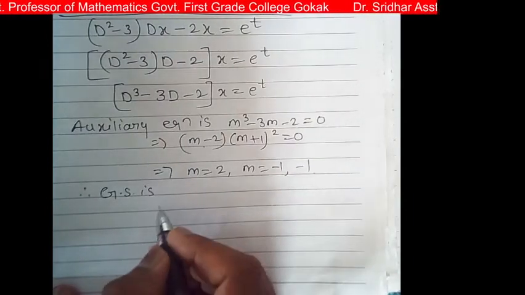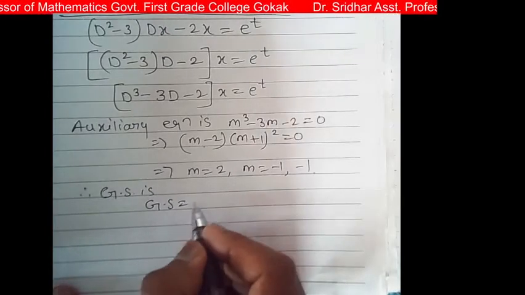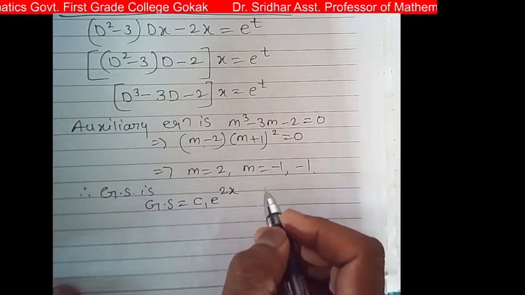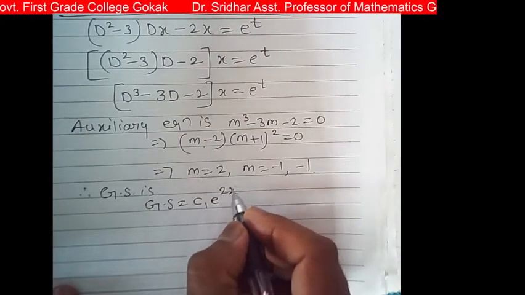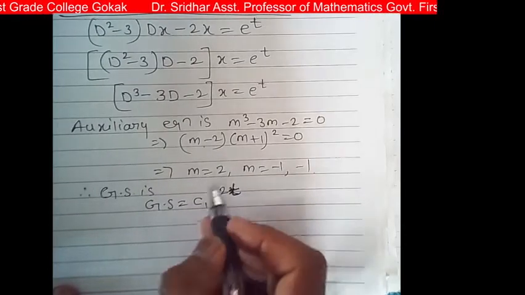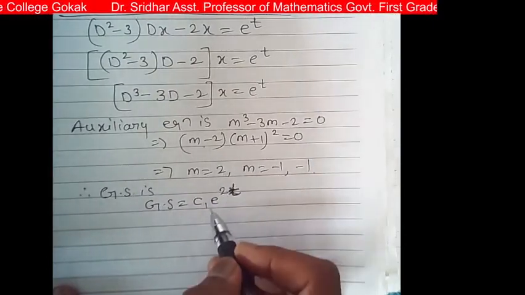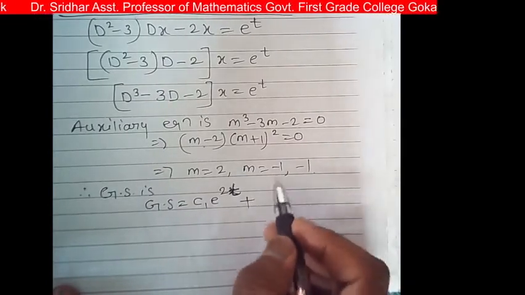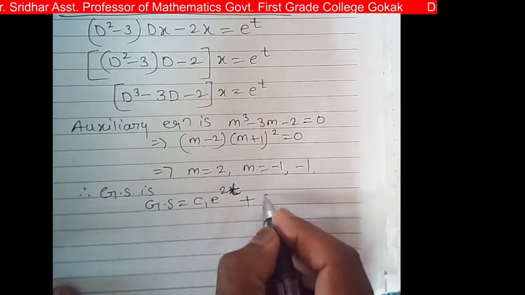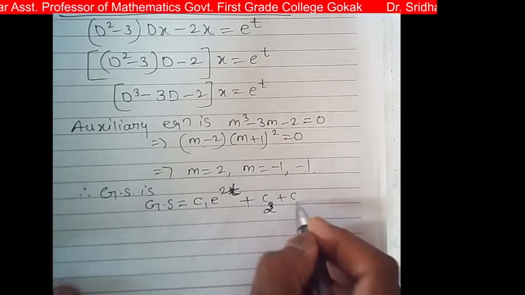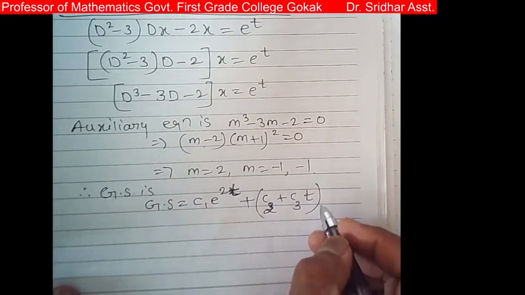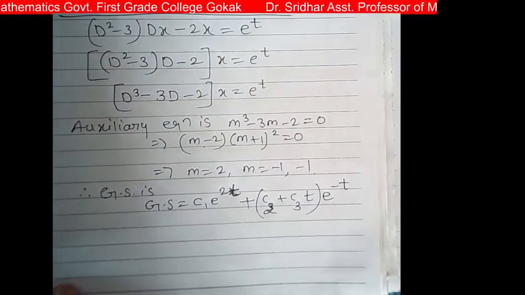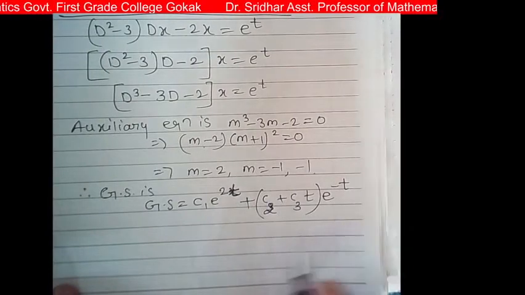So we write the general solution as c1 e raised to 2t, because corresponding to this root the solution is c1 e raised to 2t, plus, now these two are the same roots or repeated roots, so here we write c2 plus c3 t into e raised to minus t. So this is the general solution.